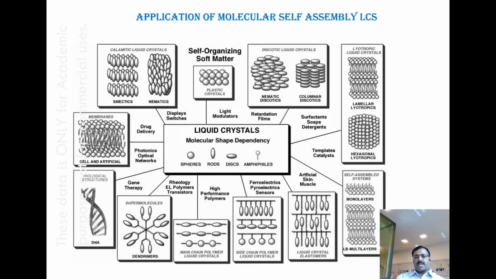Now, the application of this type of molecules as self-assembly of liquid crystals. You can see plenty of molecules here, like self-organized soft materials, discotics, and lyotropic molecules. For the shapes in liquid crystals, more than two types of shapes are defined, like spheres, rods, discs, and amphiphiles. Amphiphiles are used for the formation of polymers, like elastomers, polymers, and side chain polymers, and DNA, which works as a lyotropic liquid crystal for drug delivery. These types of molecules also form calamitic liquid crystals, whereas the discotics form the nematic and the columnar phase.